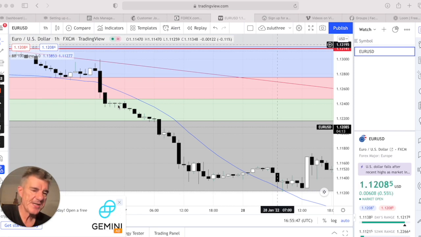And depending on what time of day we're in and which market session we're in, we have to treat the markets a little bit differently. For example, in the New York session, the markets tend to move the most, followed by the European session, followed by the Asian session when things are the quietest.